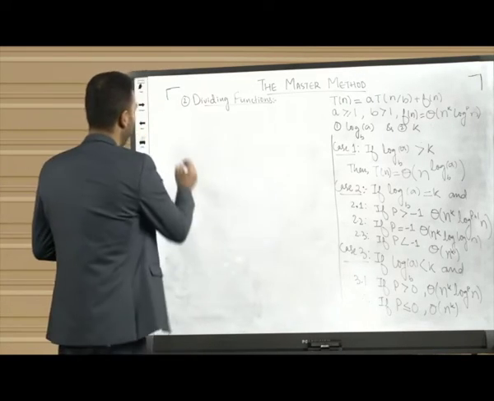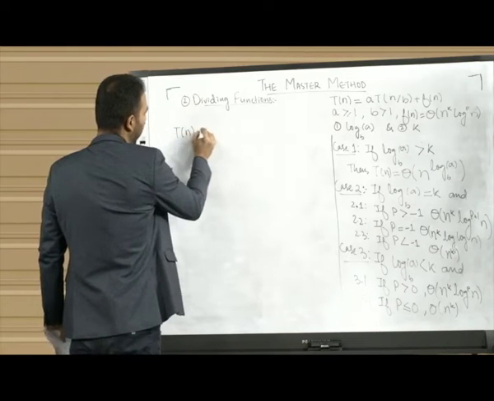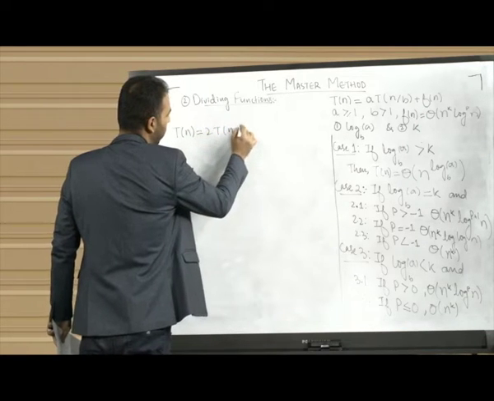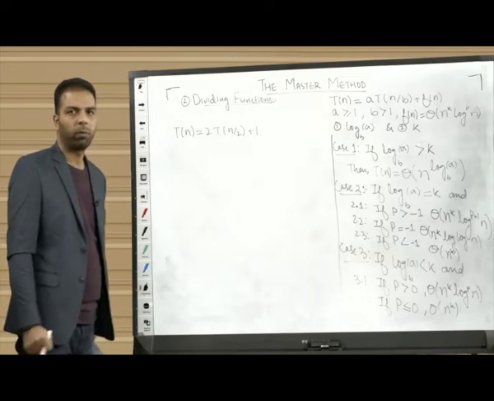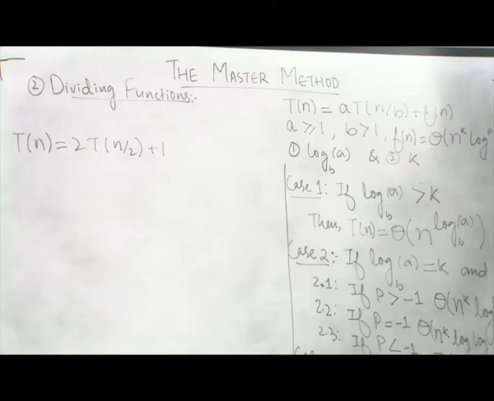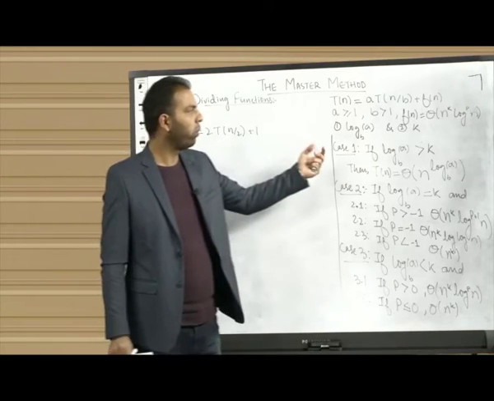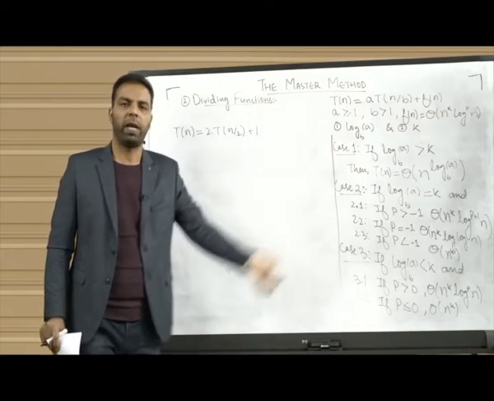So the first example we'll be taking is a pretty simple example. T(n) is equal to 2T(n/2) plus 1. Okay, this is a simple example. So here, one thing that comes to mind when you see Master's theorem for dividing functions is this theta of n raised power k log raised power p n.